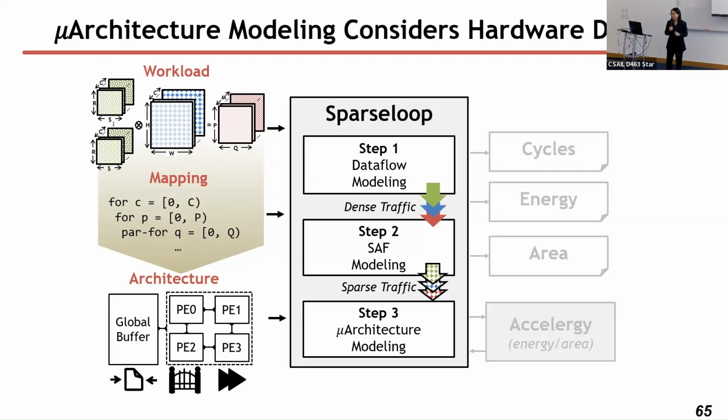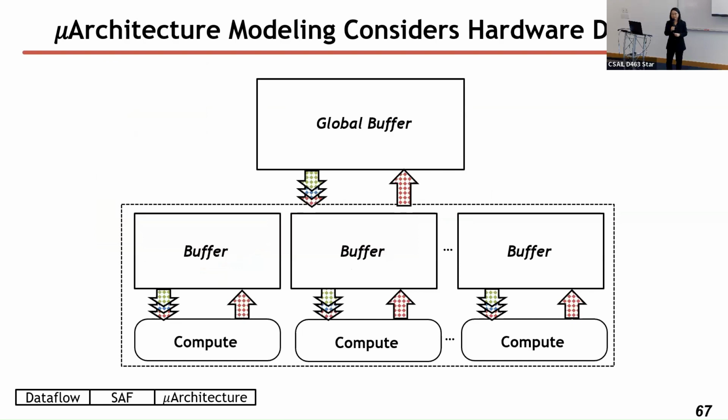So the next step of this modeling flow is the microarchitecture modeling. This step considers more of the hardware details, and specifically, as I have quickly alluded to, this step interacts with the accelerator energy and area estimation backend, and it considers the implementation internally inside the memory levels.